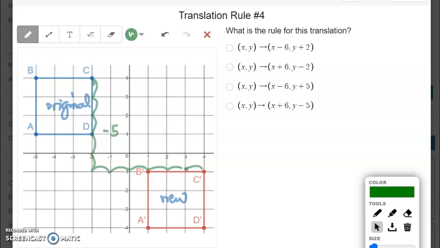When you move to the right on the x-axis, it is adding. The numbers are becoming bigger. So it's going to be adding 6 to x. Okay, the horizontal is the x value, right? The x-axis is the horizontal, whereas the vertical is the y value. So y is being subtracted by 5, x is being added by 6. So let's look for y being subtracted 5, x being added by 6. So it's this one.